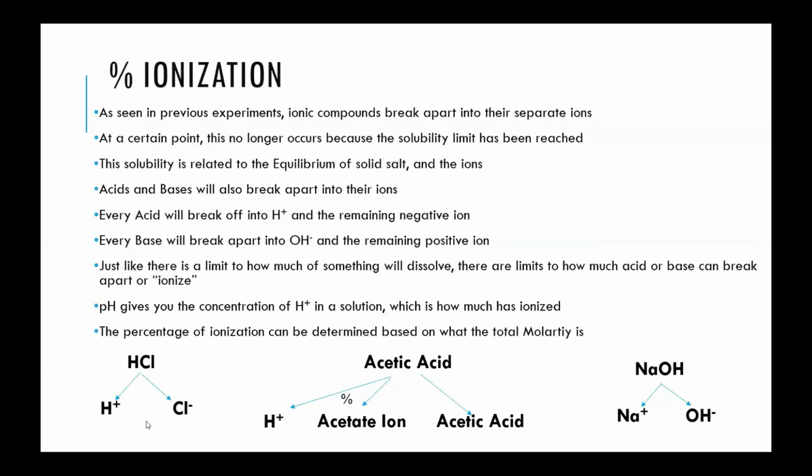The 0.1 concentration of H+ divided by the total concentration that you start with of 1 molar. So this is something that you can also look at by measuring the pH. You can determine if something's a strong acid or strong base, weak acid, weak base, by looking at the concentration of this individual H+ ion.